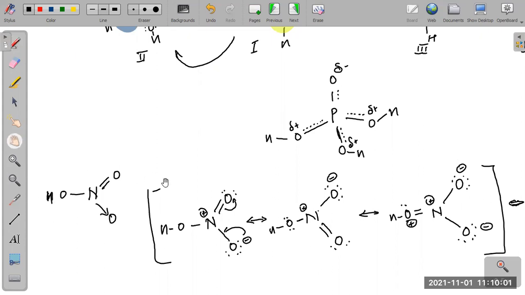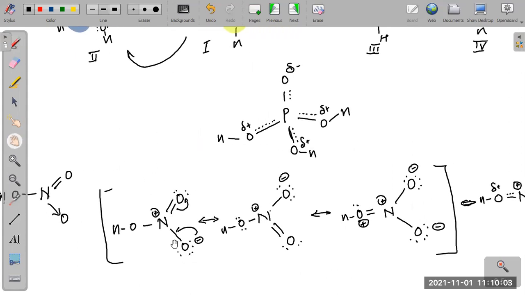And this can be treated as the first canonical structure. There is a negative charge on this oxygen, and there is a positive charge on this nitrogen because of this donation.